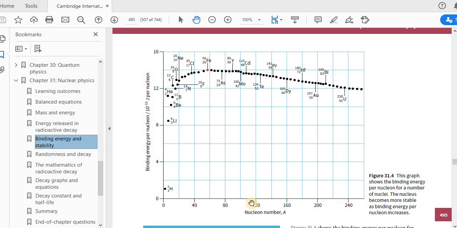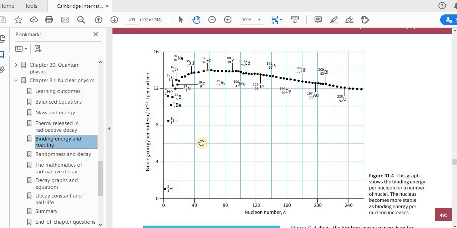When the nucleon number increases up to iron, the general trend is that the binding energy per nucleon increases, and after iron the general trend is that the binding energy per nucleon decreases. So you have to remember this. If it's somewhere down here, it's always less than something up here. Similarly over here, if it's somewhere up there, it's clearly greater than something down here.